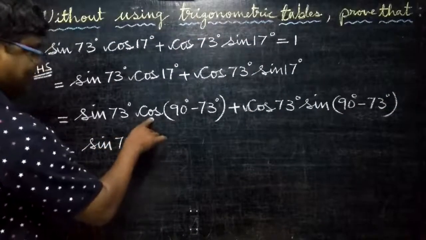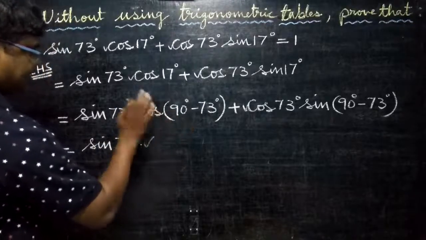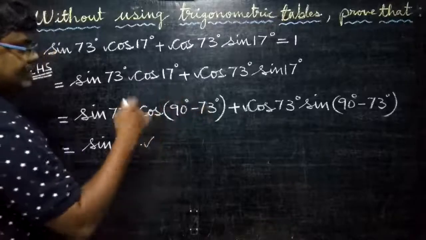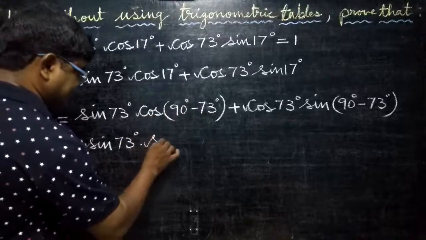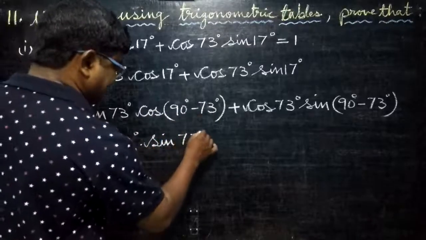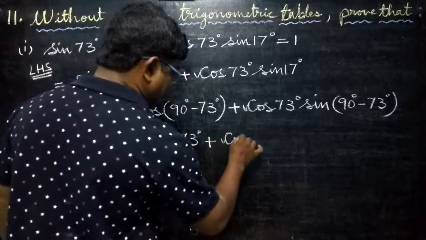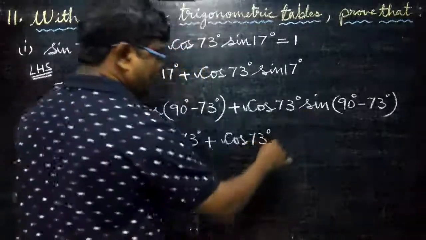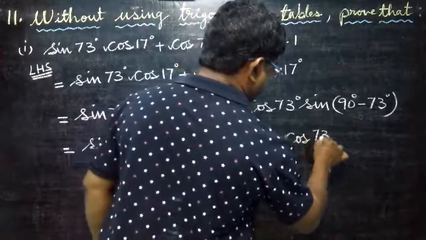Now sin becomes cos, cos becomes sin, tan becomes cot, cot becomes tan, secant becomes cosecant, cosecant becomes secant. So cos (90 minus theta) becomes sin theta, so sin 73 degrees, plus cos 73 as it is, and sin (90 minus theta) becomes cos theta, so cos 73 degrees.